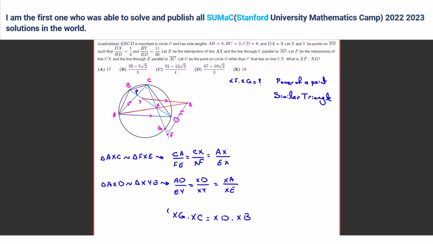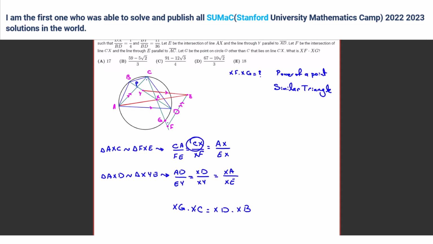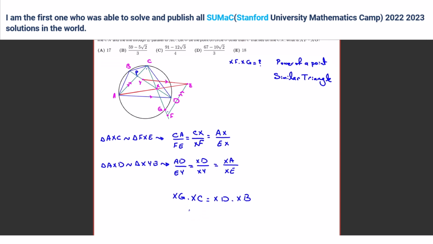So we have something for XG, and for XF also. Here we have CX, here we have XC. Oh, so good, because XF over XC is equal to EX over AX, right?